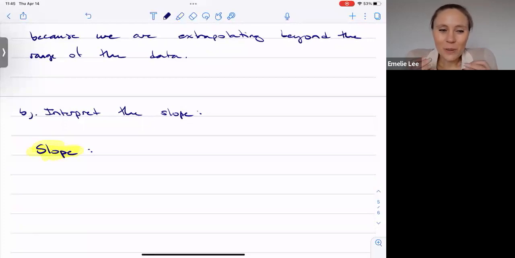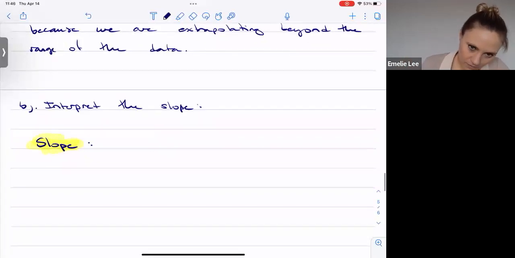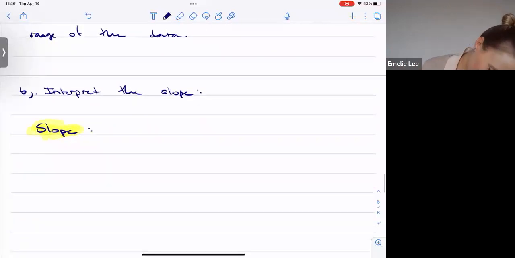The slope is the predicted value of y when x is 0. No, it's not. That's the intercept. I'm on autopilot. Sorry. Interpret the slope. The slope, oh my gosh.